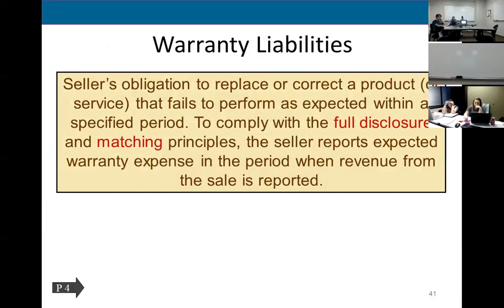A warranty. Seller's obligation to replace or correct a product or service that fails to perform as expected within a specified period. Okay, back to this matching principle, the seller will report expected warranty expense in the period when revenue from that sale is reported.